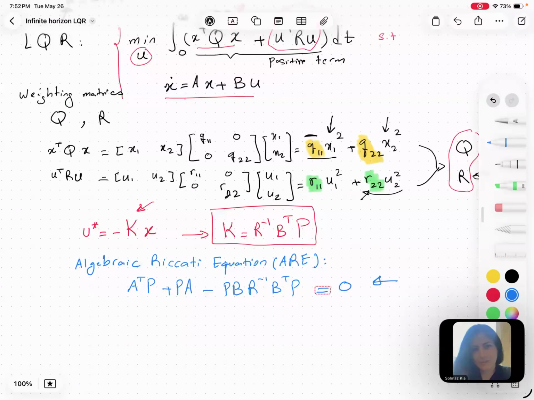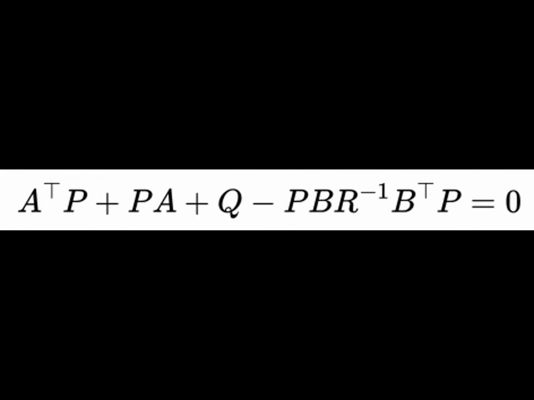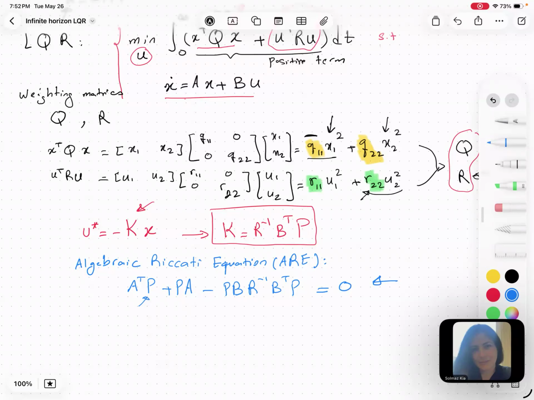And in the literature, we have some methods to solve for this matrix P. However, in this class, you're welcome to use MATLAB. And I'm going to give you the MATLAB codes. But before giving the MATLAB codes, I wanted just to give you an extended version of this objective function that is consistent with the notation that MATLAB is using.